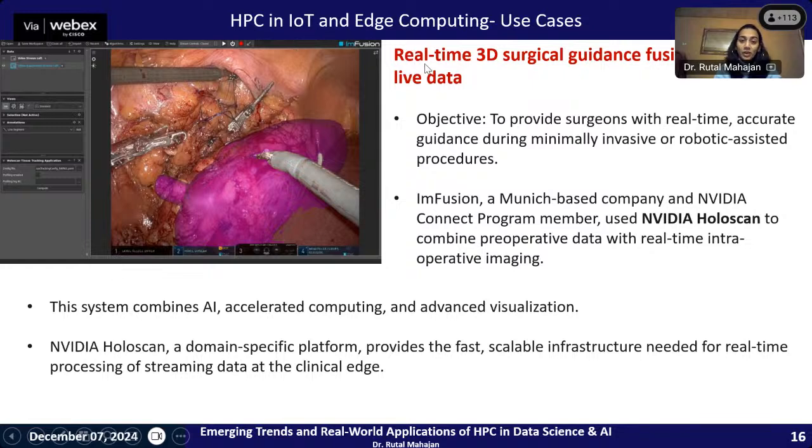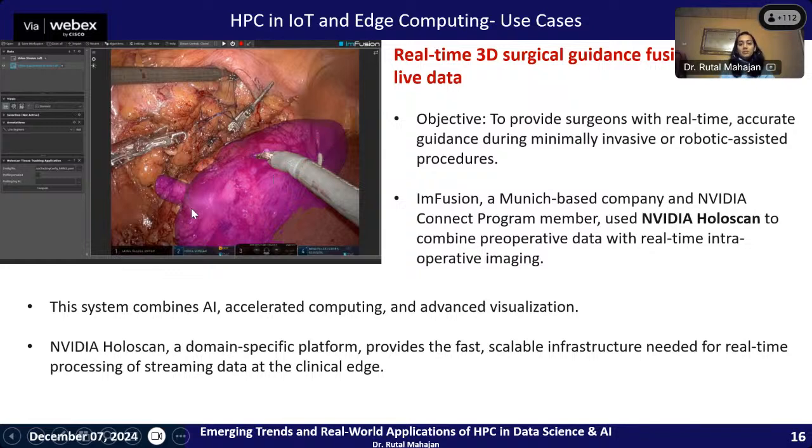This is from NVIDIA's Holoscan, a real-time 3D surgical guidance using pre-operative and live data. They have created this to provide surgeons with real-time and accurate guidance during minimally invasive or robotic-assisted procedures.